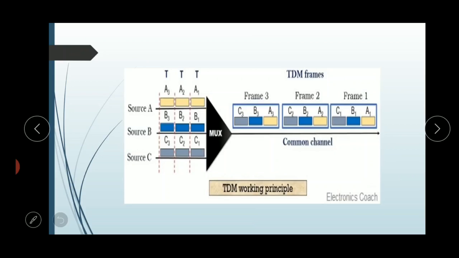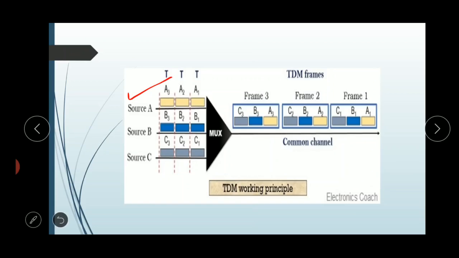So let's see this diagram. In this diagram, source A, B, C wants to transmit data through a common medium. Thus, the signal from the three sources is divided into multiple segments.